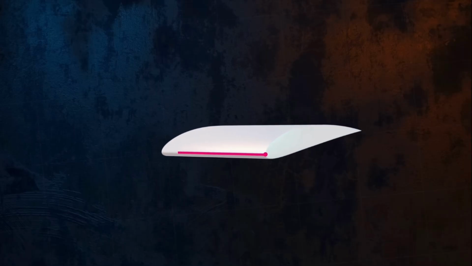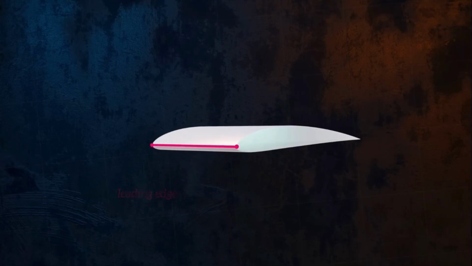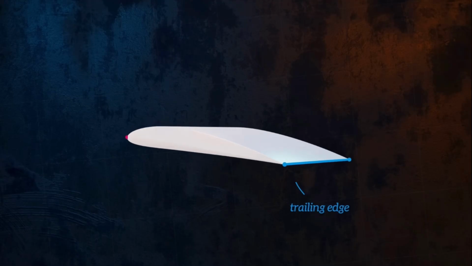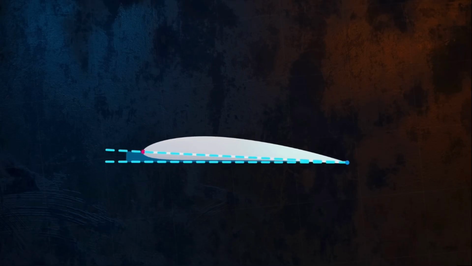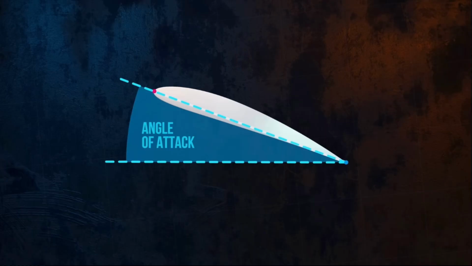The forwardmost edge of the airfoil is called the leading edge, and the trailing edge is at the back of the airfoil. Drawing a straight line between the leading and trailing edges gives us the chord line. The angle between the chord line and the flow direction is called the angle of attack.